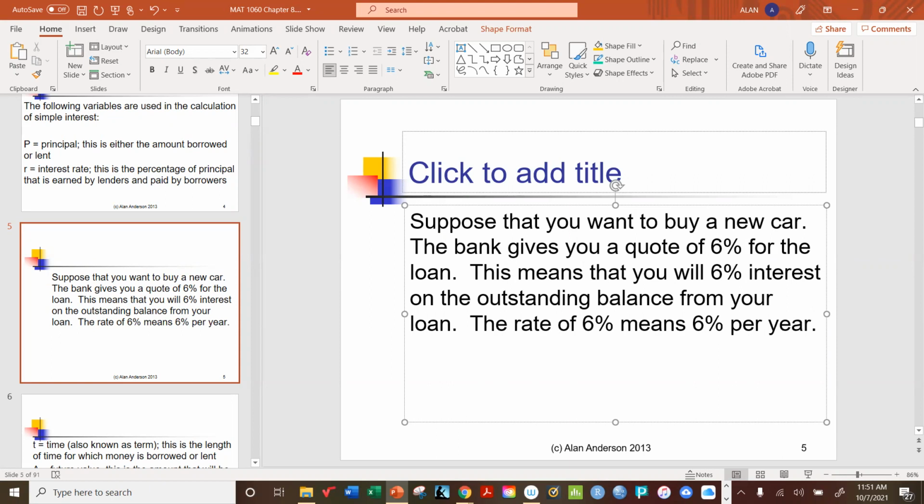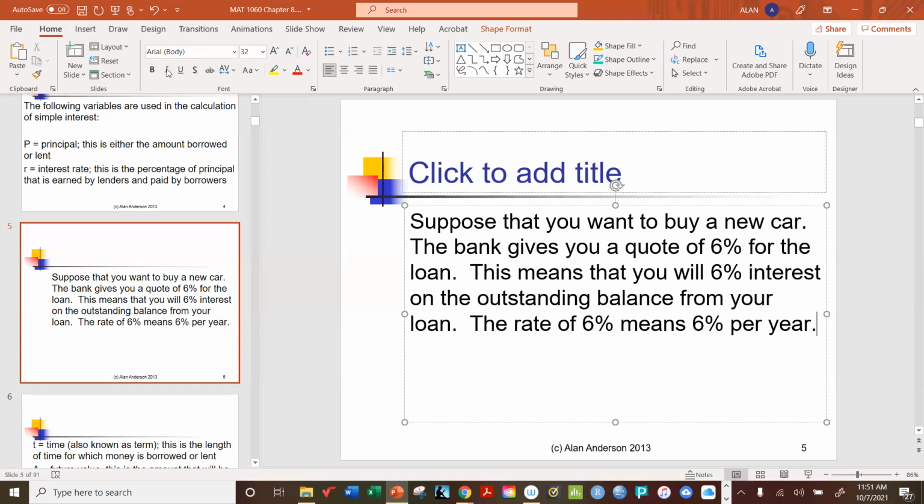So I just want to mention that that's an important detail. Rates are normally quoted as so much per year unless it tells you otherwise. Okay, so in other words, it's not impossible for you to be told that the rate of interest that a bank pays is, let's say, 1% per month. But normally interest rates are only quoted on an annual basis. So it's 6% per year based on how much you've borrowed.